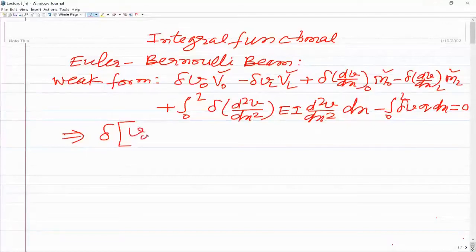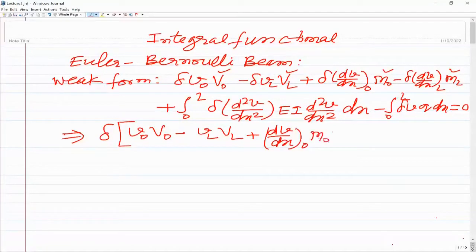So we will have V naught into v naught minus V L into v L, plus we will have dv by dx at x equal to 0 into M naught minus dv by dx at L into M L.